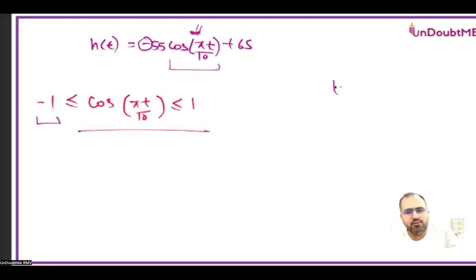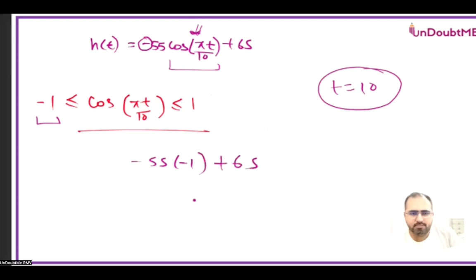Cos will be -1 when t is equal to 10. So let's say if the value of cos is -1 for t equal to 10, it will be -55 times -1 plus 65. Okay, that will be 120 to be precise.